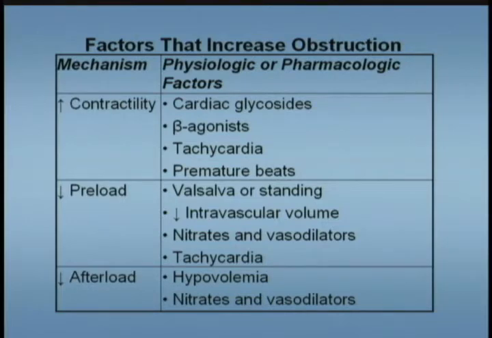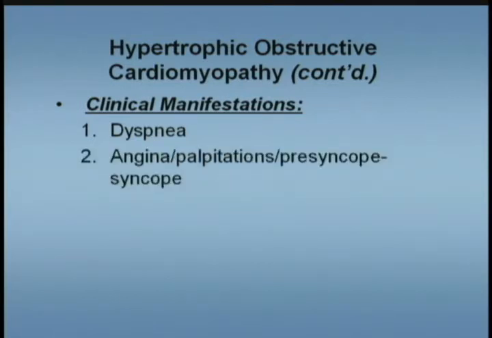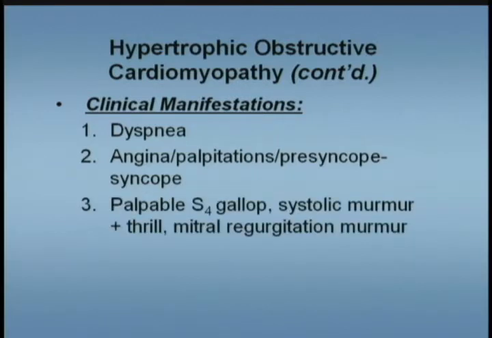They're all saying empty left ventricle increases obstruction. Makes it worse. Puts me in a hearse. The number one clinical manifestation is shortness of breath. You can get chest pain and syncope, and sudden death is the least common thing.